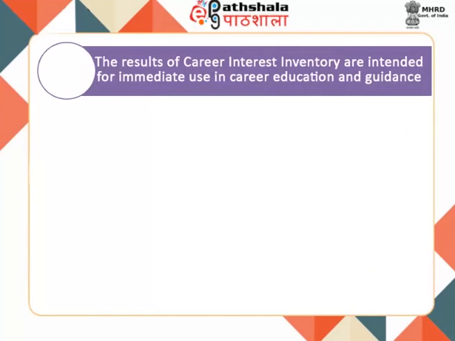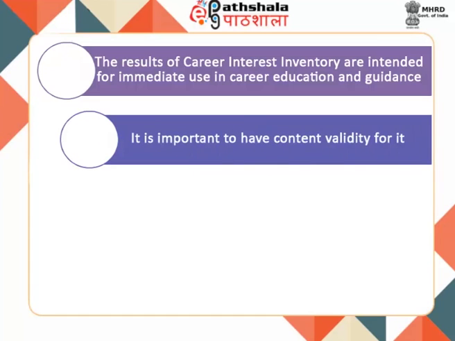Since the results of career interest inventory are intended for immediate use in career education and guidance, it is important to have content validity for it. For this, career interest inventory uses dictionary of occupational titles published by the US Department of Labor.